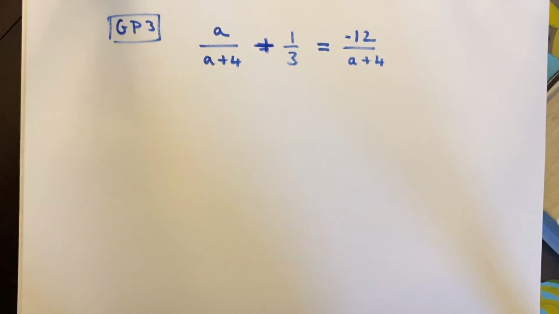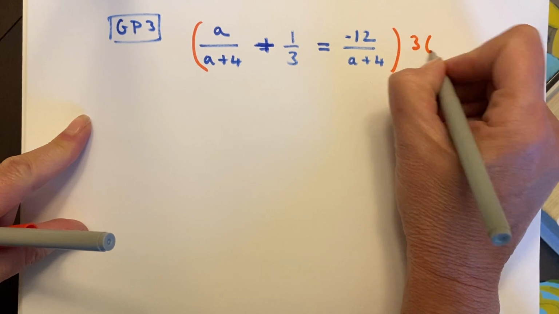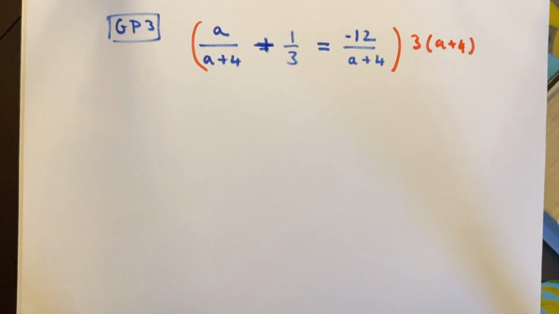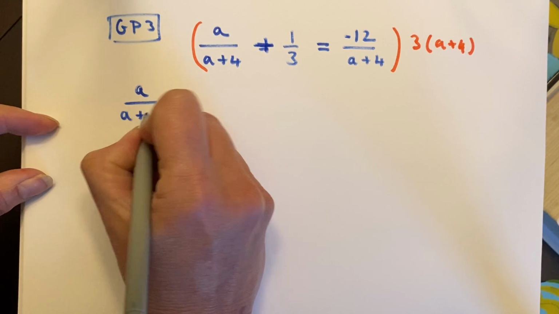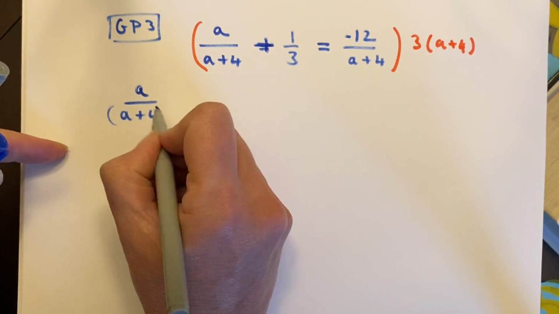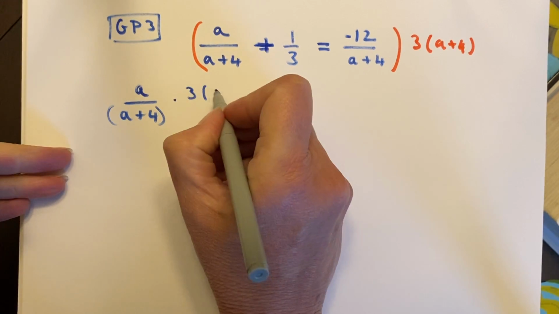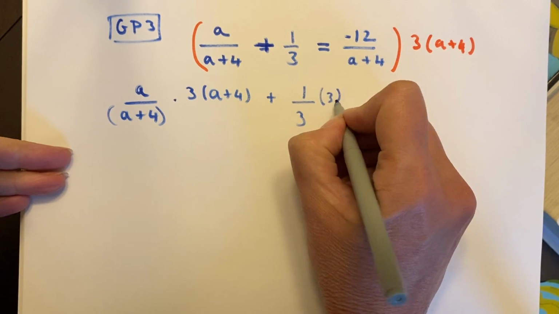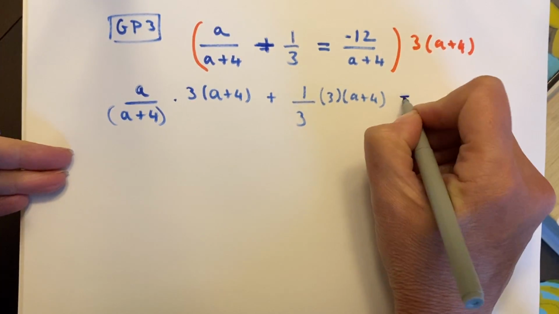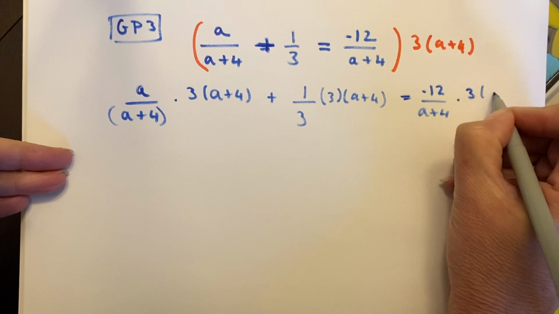What's my LCD? Well, you can see my LCD is 3 times a plus 4. So I'm going to multiply everything by 3 times a plus 4 to clear all my fractions. So here we go. a over a plus 4 times 3 times a plus 4 plus 1/3 times 3 times a plus 4 equals negative 12 over a plus 4 times 3 times a plus 4.